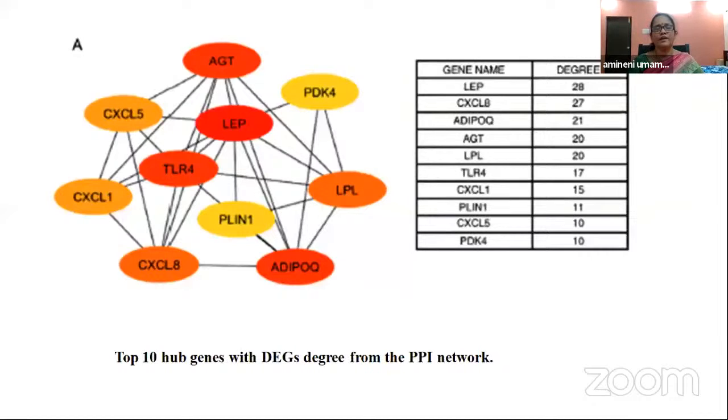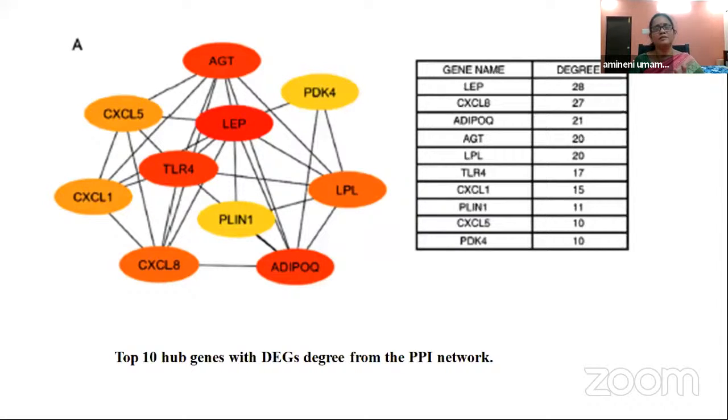Again, we need to run CytoHubba. Cytoscape is freeware, and in this software, once we have the upregulation and downregulation, this CytoHubba tool has 12 parameters.